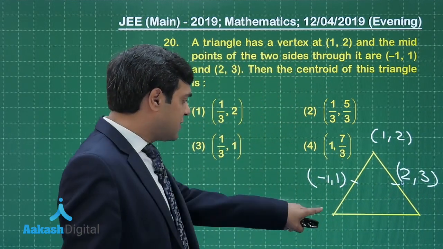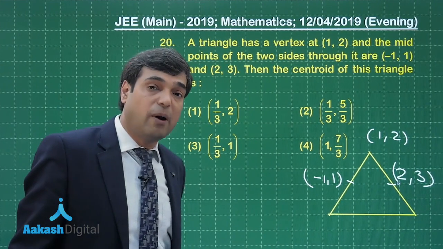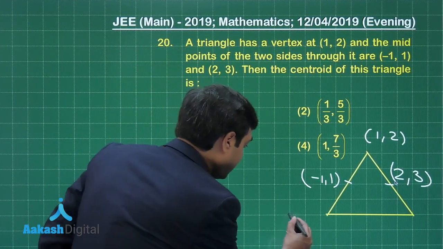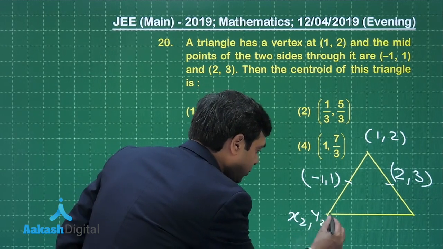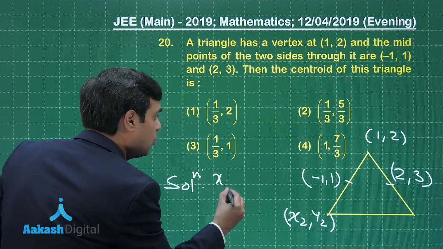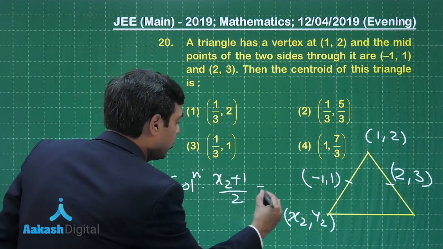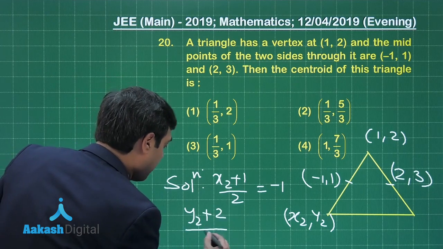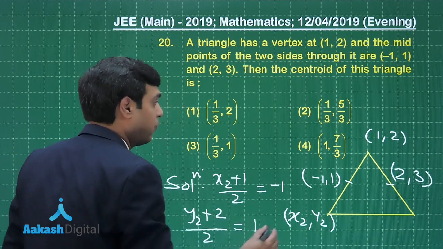If you consider this point as x2, y2, you can see x2 plus 1 upon 2 is -1 and y2 plus 2 upon 2 is equal to 1.